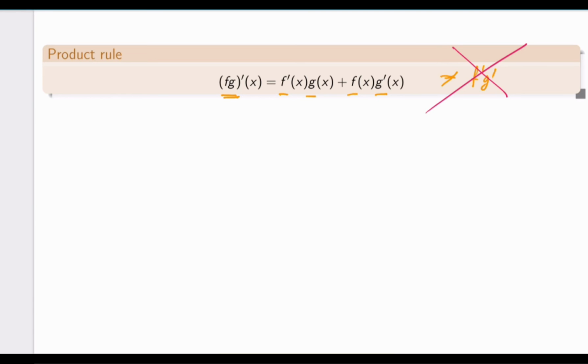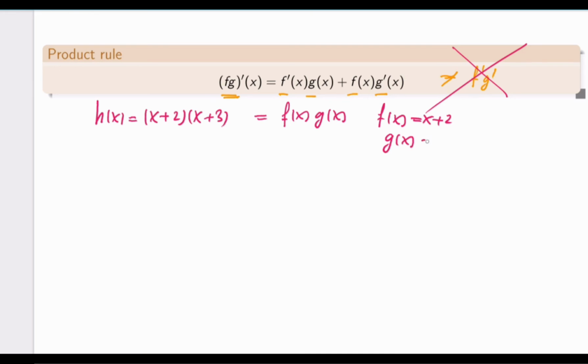So also here I have an example. Let's look at a function, maybe h of x is x plus 2 times x plus 3. Okay, so then this is also f of x times g of x, with the obvious choices of f as x plus 2 and g as x plus 3.